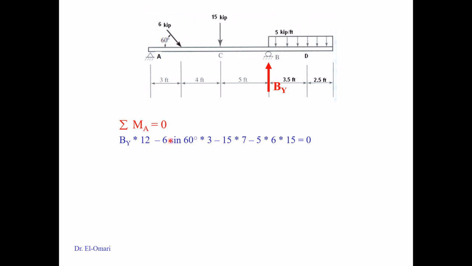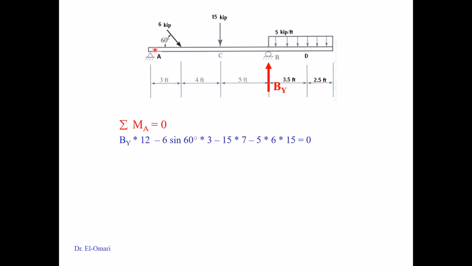Counterclockwise is positive, and then you take the vertical component of that force, which is opposite to the 60 degree angle, which means that we have to use the sine of the angle, and then multiply it by the moment arm, which is 3. Rotating clockwise is negative.